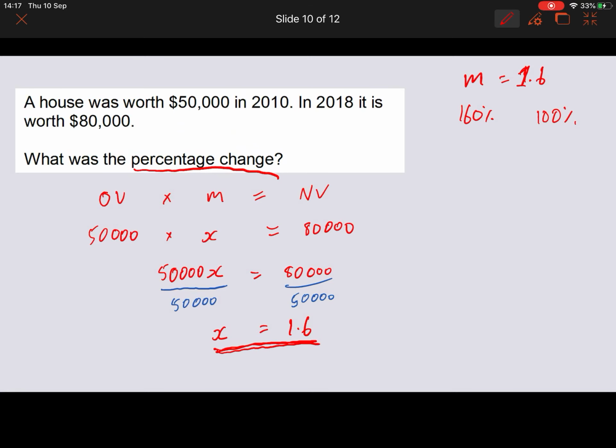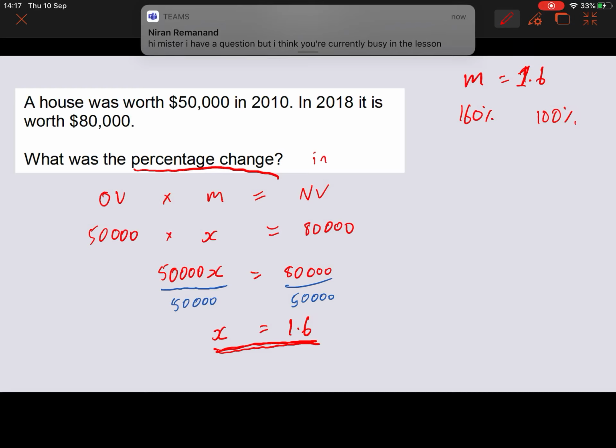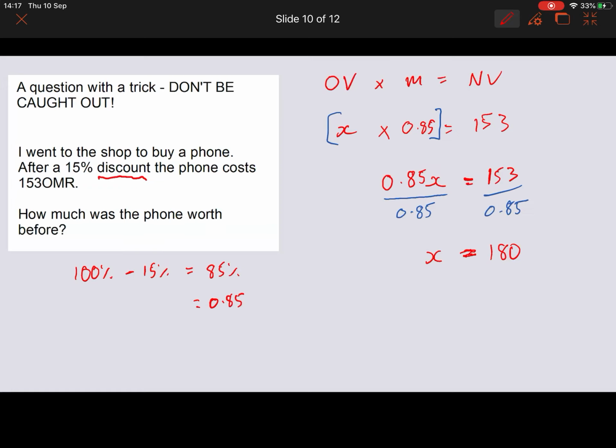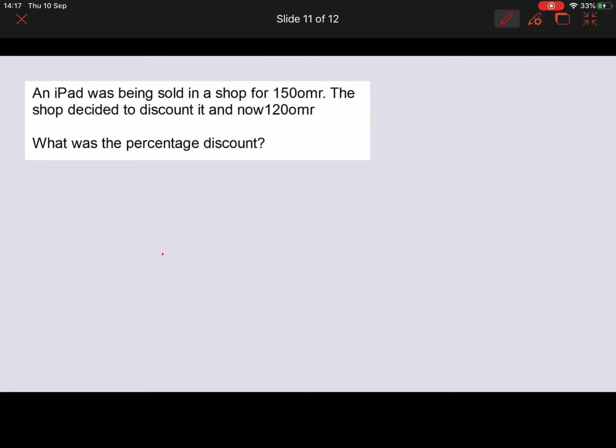Well, 1.6 means that's 160% as a percentage, which is 60 more than the 100% that we started with. So we must have increased by 60%. It's 60% more than the 100% that we had before.